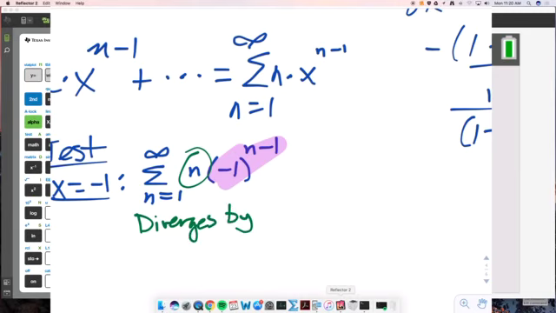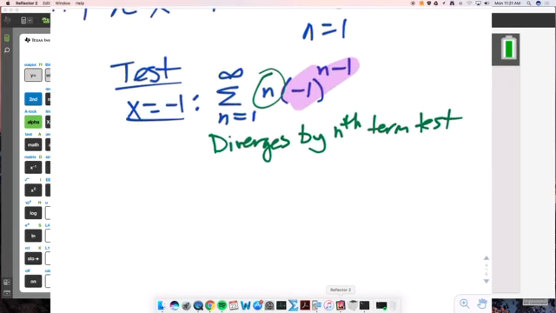Nth term test or alternating series test? Nth term test. Yeah. Be careful. Remember, the alternating series test is not a test for divergence. It's a one-way test for convergence. But if it fails, it's going to fail because of the nth term test more likely than not. Okay? All right, so I can't include the left endpoint.